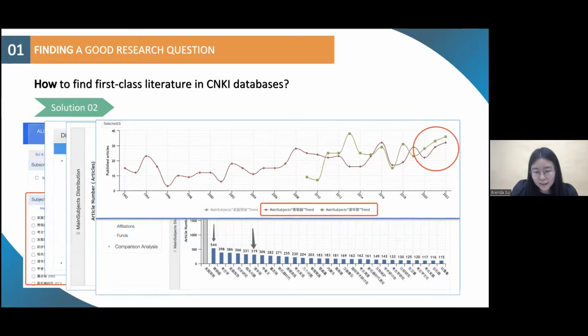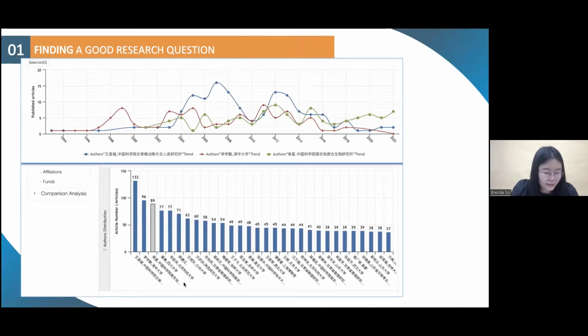If we click a specific column, we can get a more specific tendency chart for every single subject. For instance, research on Xinhua Jian here started in 2009, suggesting it's a relatively new research orientation, and the number of literature is still climbing. We can also see the scholars who contributed most in the research field.